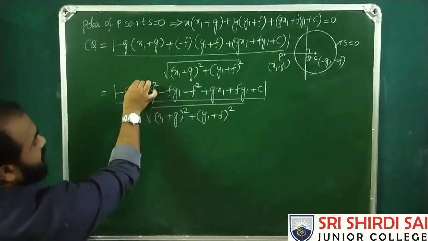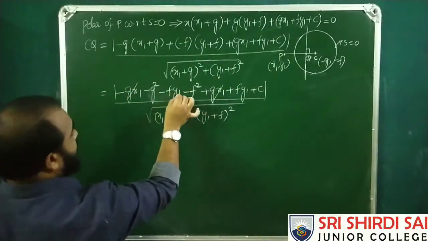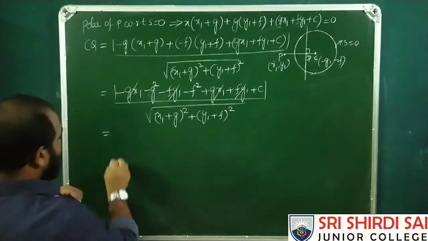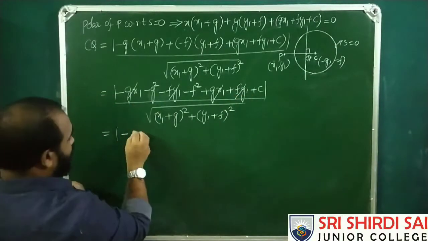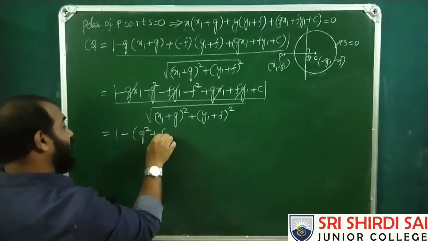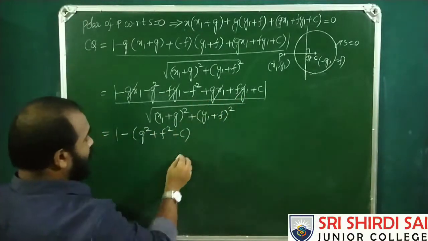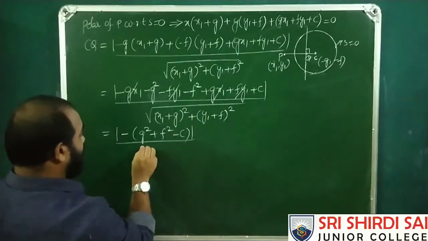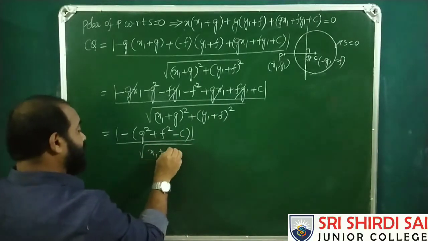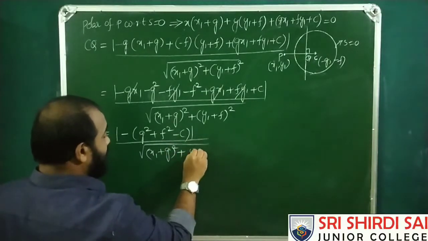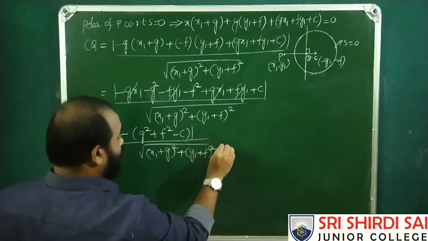So minus gx1 plus gx1, minus fy1 plus fy1 get cancelled. So modulus of minus of (g square plus f square minus c), minus I have taken common, by square root of (x1 plus g) whole square plus (y1 plus f) whole square.